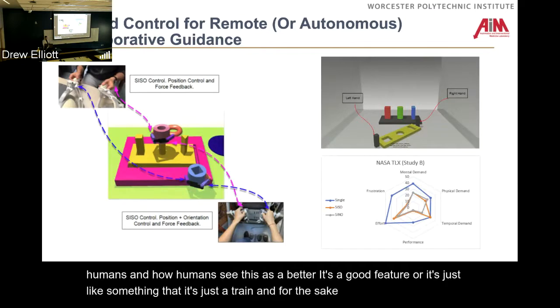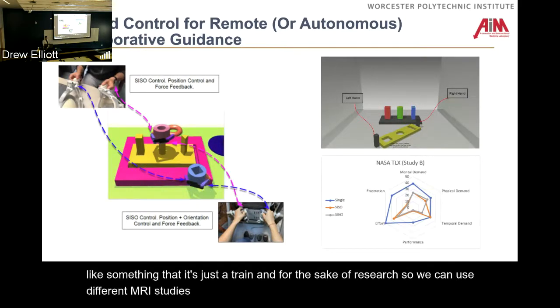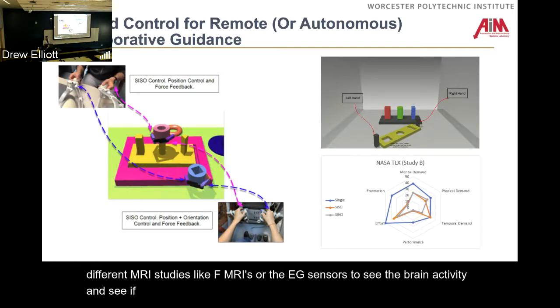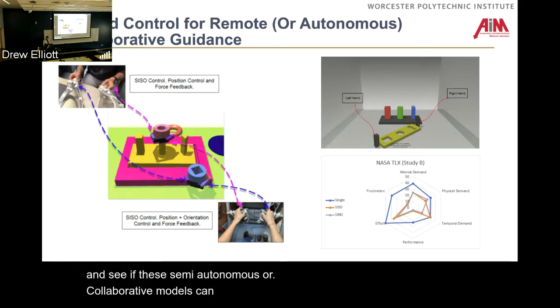So we can use different MRI studies like fMRIs or EEG sensors to see the brain activity and see if these semi-autonomous or collaborative models can help achieve specific tasks.